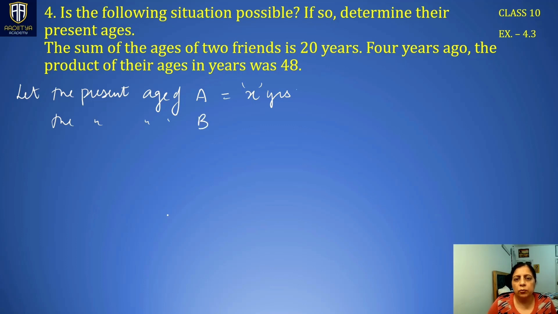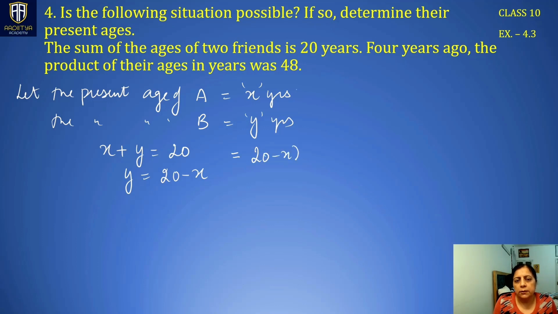The sum of ages of two friends is 20 years. So if I take this as y, then according to the first condition, I can say x plus y is 20. But since we have to solve this in one variable, I have to remove y. So in terms of x, the age of person B becomes 20 minus x years.